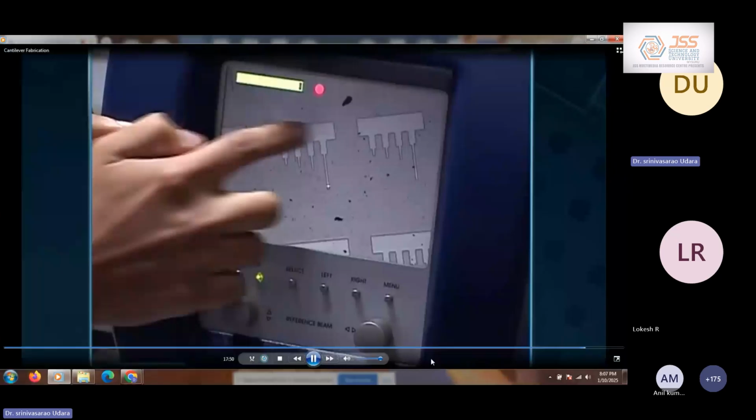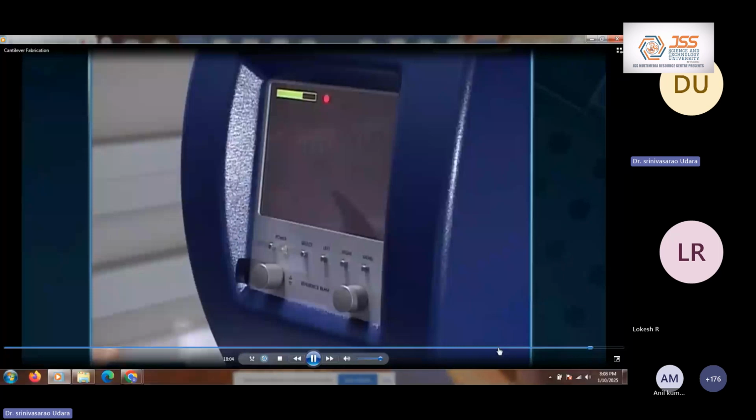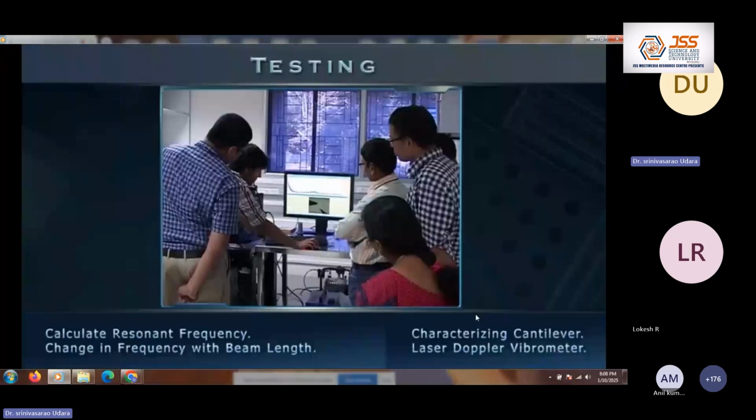After placing the sample on the vibrometer, we position the probes to make contact with the cantilever's handle and the beam anchor in the device layer. Then we apply a specified voltage and observe the frequency response of the vibrating cantilever beams.